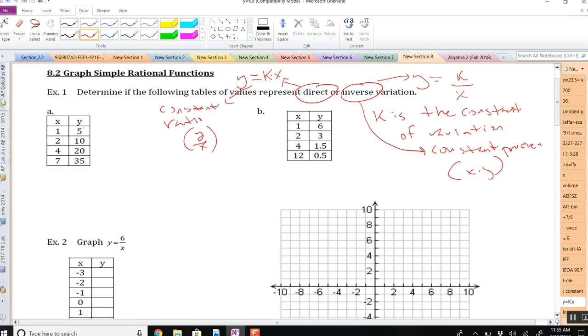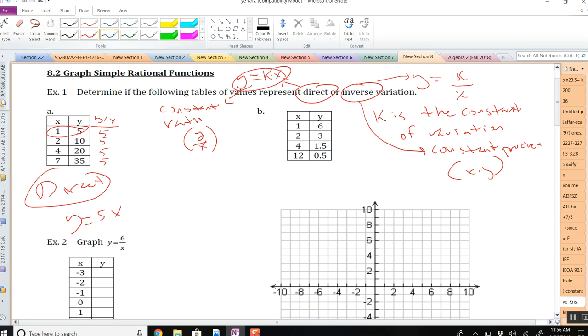So if I look at my ratio here, y over x, I get 5, 5, 5, 5. That's going to be direct. And in fact, the equation would be y equals 5x if you were to plug in one of those pairs for x and y into y equals k times x.